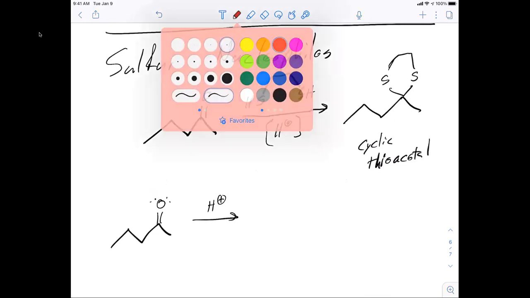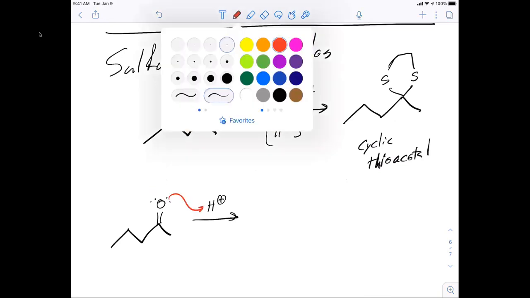So first step, we're going to protonate that.